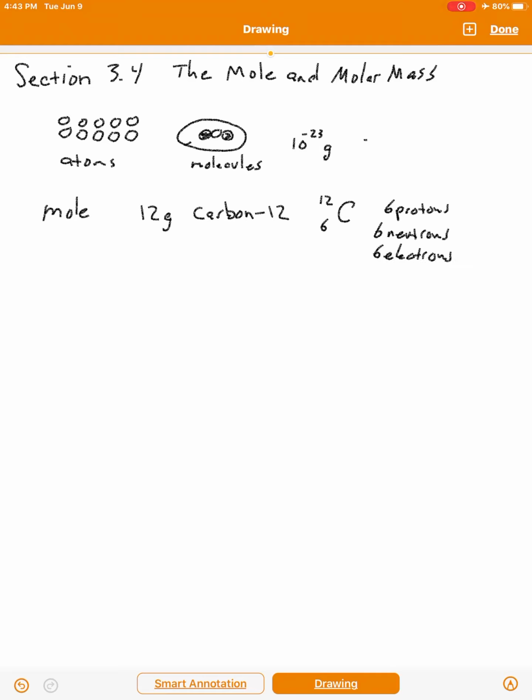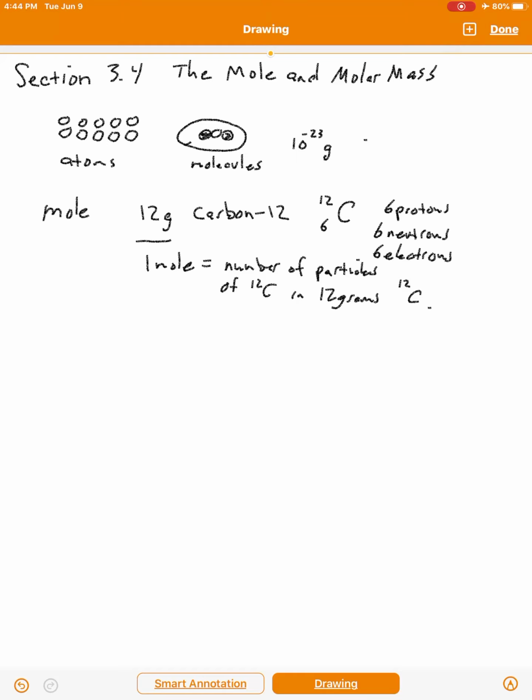That's a specific isotope of carbon. If you have a mass of 12 grams, we will define that as 1 mole. So 1 mole is the number of particles of carbon 12 in 12 grams of carbon 12.